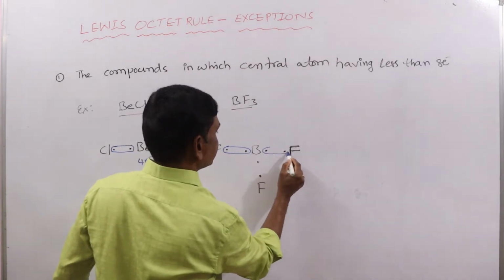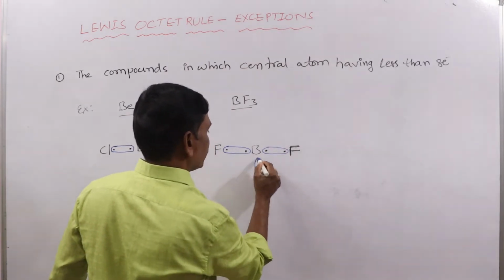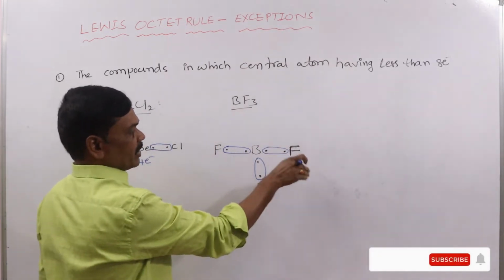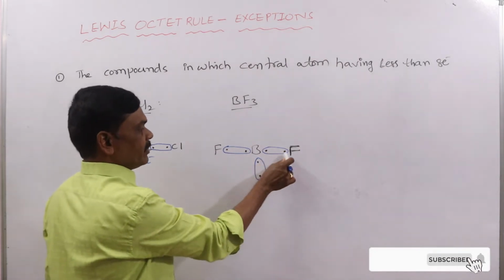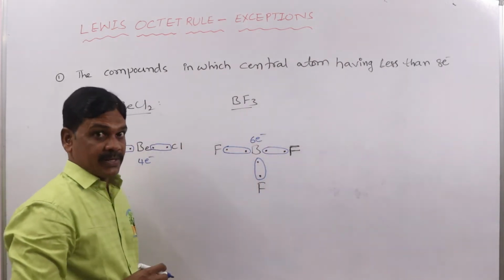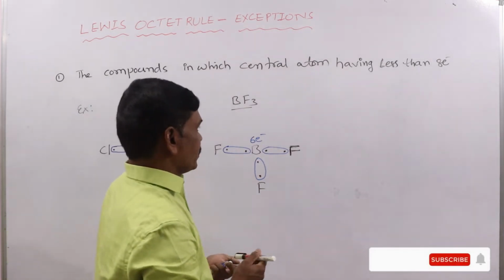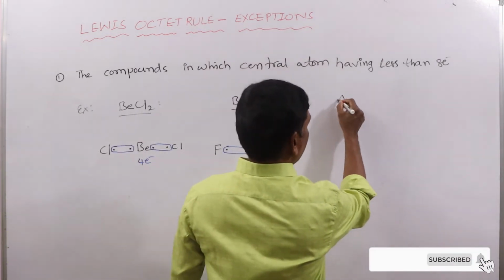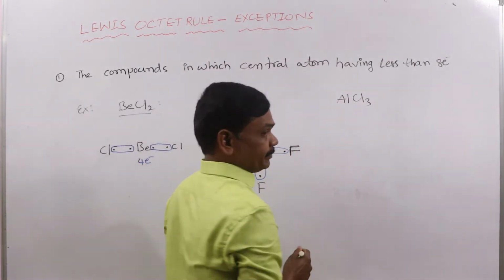First bond, second bond, third bond. So in the formation of boron trifluoride, 1, 2, 3, 4, 5, 6, only 6 electrons are utilized.